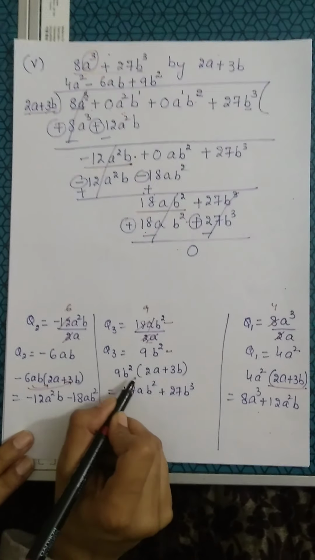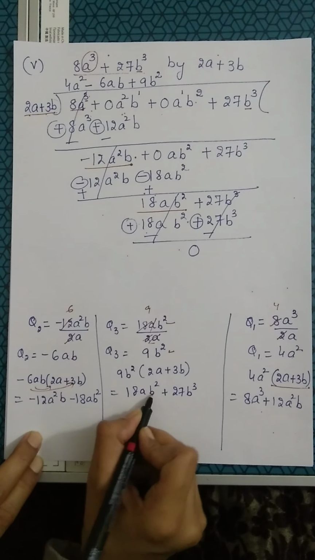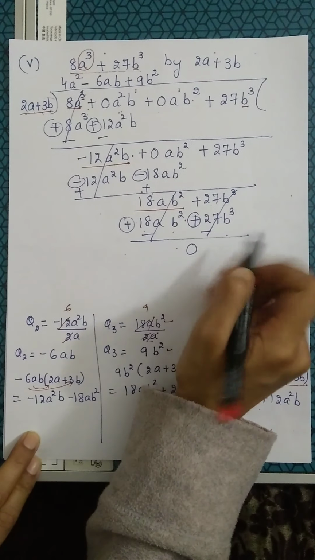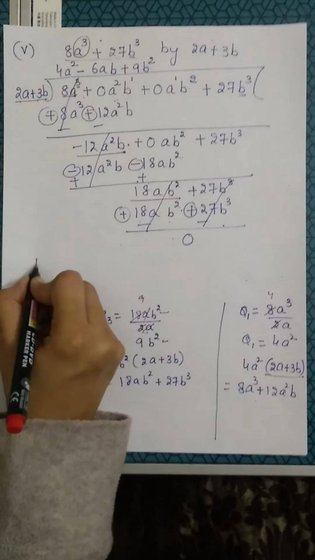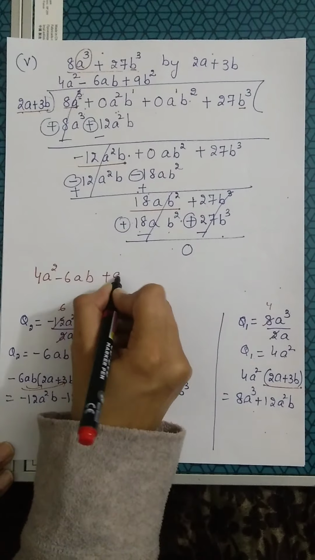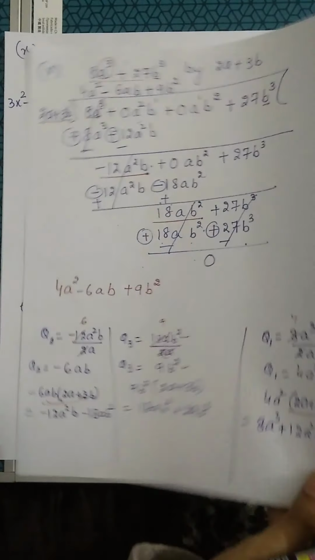Now this 9b square will be multiplied with 2a plus 3b and I will get 18ab square plus 27b cube, which when written here, I will get 0 as the remainder. So the quotient here is 4a square minus 6ab plus 9b square and the remainder is 0.